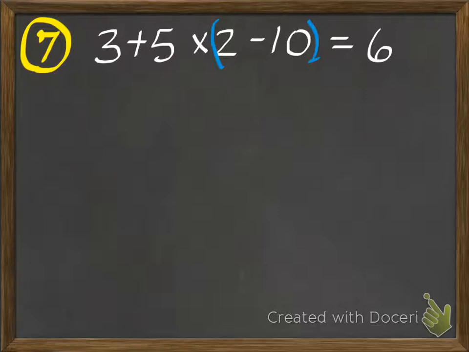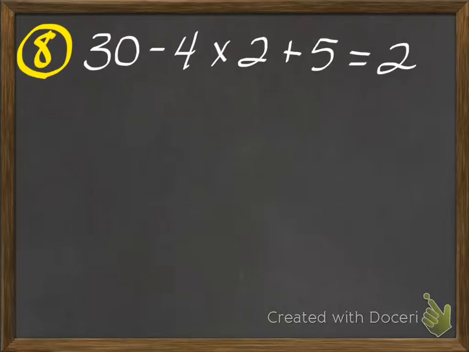So if you do know how to do negative numbers, you can rest assured we're not using any negative numbers in this topic at all. That's not something that we're doing yet. So that means that if you put your parentheses in a place that would give you a negative number, then you know that is not the right place to put it. So it can't go right there. So our parentheses must go right there.